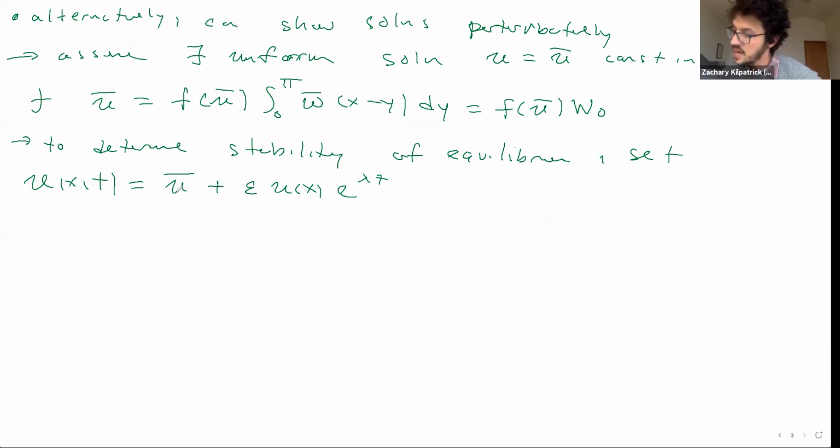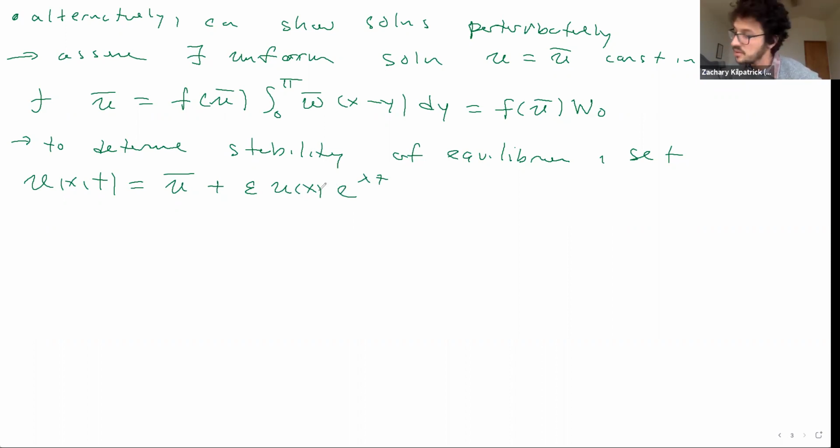But a lot of times you will have a stationary sort of flat solution, and you want to know if there's any instabilities of that stationary flat solution that form more interesting, spatially varying solutions, okay? You're just assuming that you can perturb by a solution that looks like this.